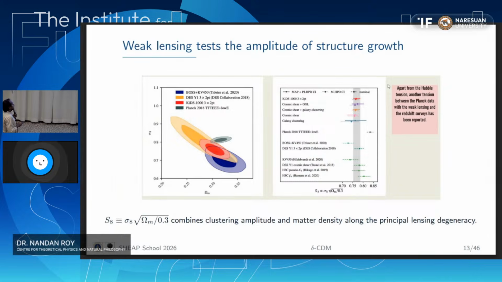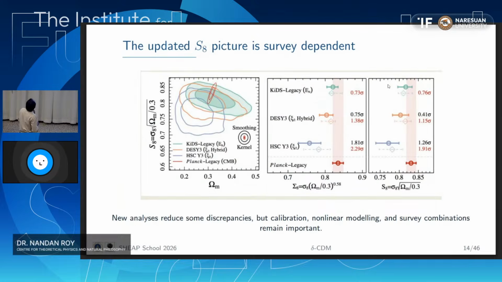It's not as big as the Hubble tension, but it's still a statistically significant result that the measurement from the CMB is not matching the other observation. And the CMB has lambda CDM as an inbuilt physical model in this case.